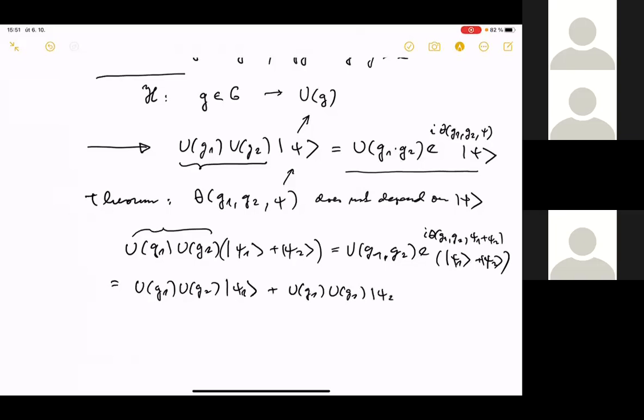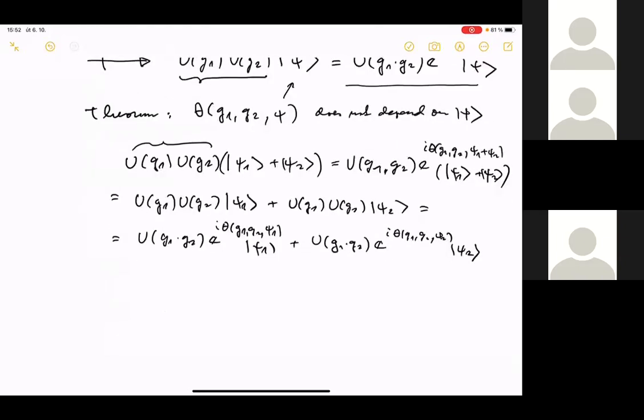And again, we can use this composition rule for the symmetries, the group relation, and we get U(G1 times G2) times phase e to the i theta, which depends on G1, G2, and psi1. And the second term is the same, U(G1 times G2) times a phase now depending on G1, G2, and psi2. This is acting on psi1, this is acting on psi2.